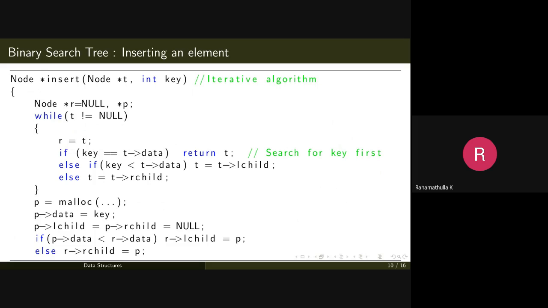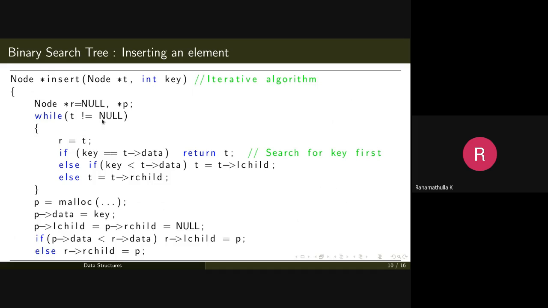Now let's look at the procedure for inserting an element. So initially we need to search for the element for inserting. We are going to insert this value key. We take a pointer r and another pointer p. While t is not equal to null, if t is equal to null, then you need to insert it as a root node.